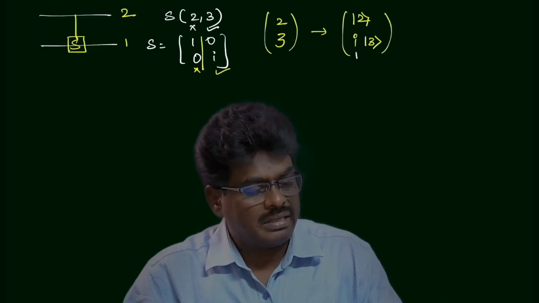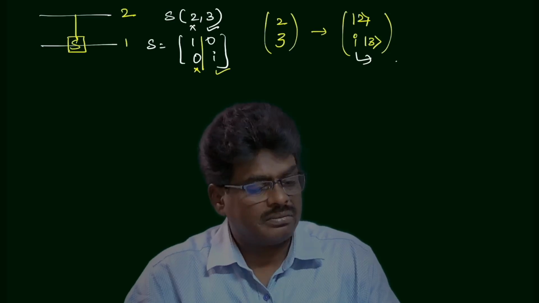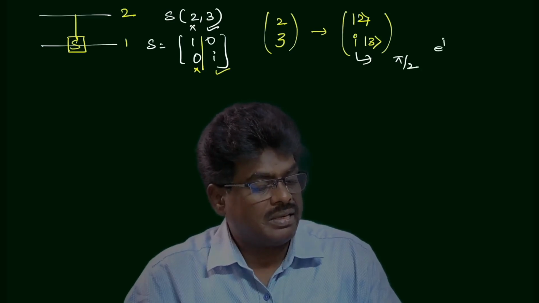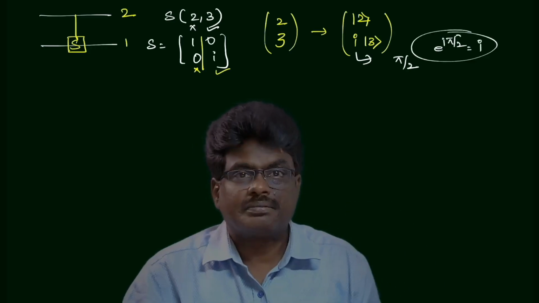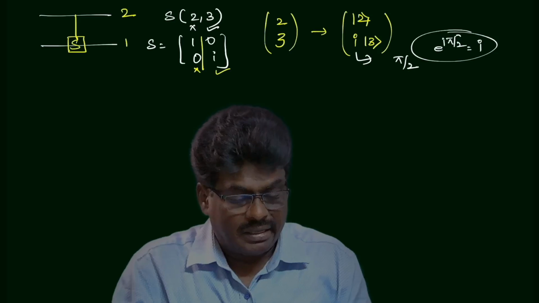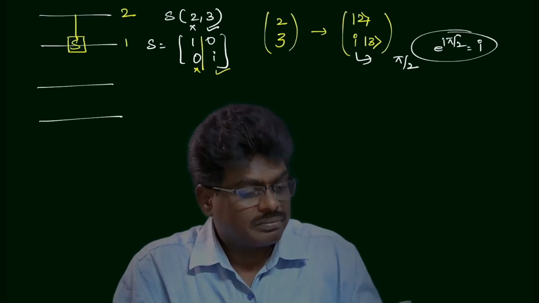I means here the phase change is pi by 2. Okay, because e raised to I pi by 2 equal to I, right?